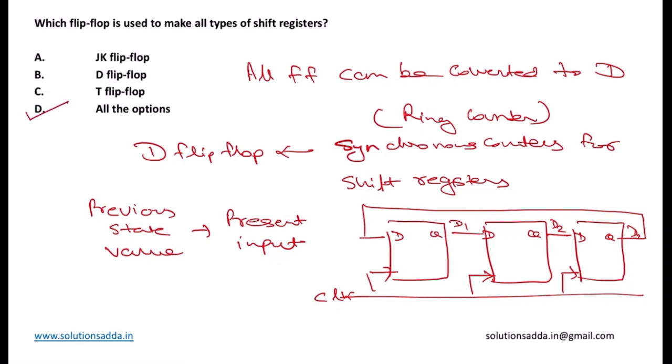If option D wasn't there, then the correct answer would be option B, that is D flip-flop. But since all flip-flops can be converted to D flip-flop, the most suitable answer here should be option D, all of the options.